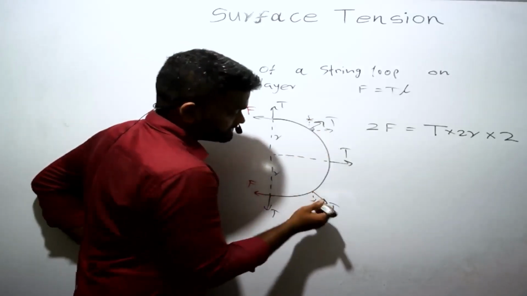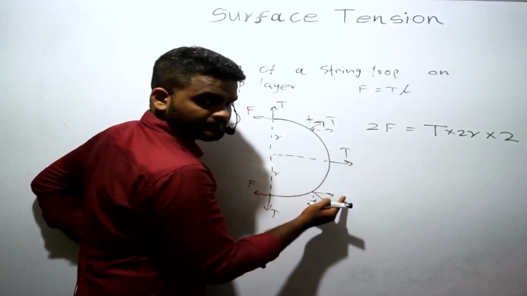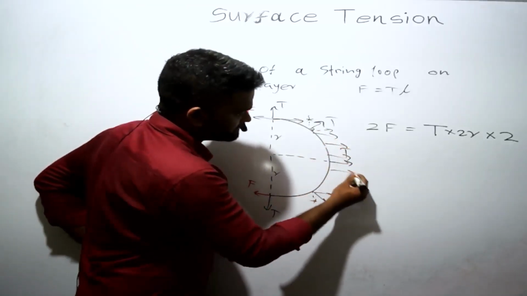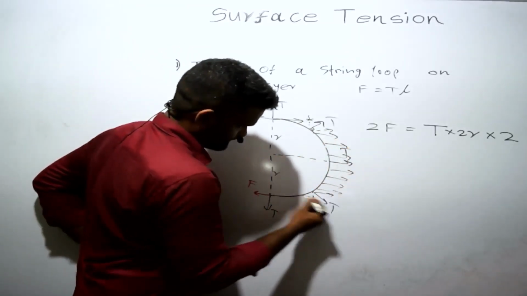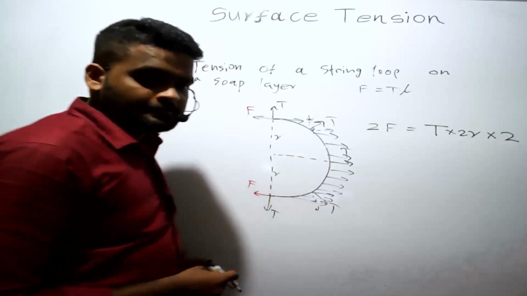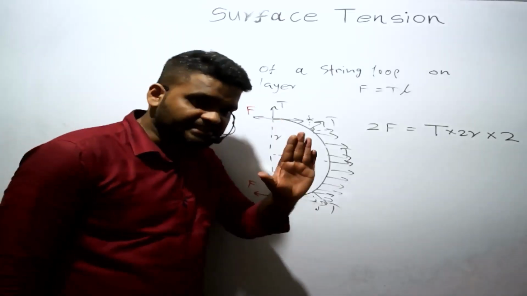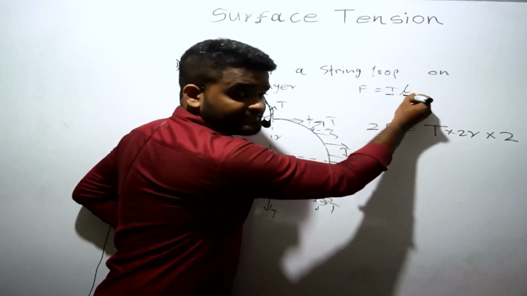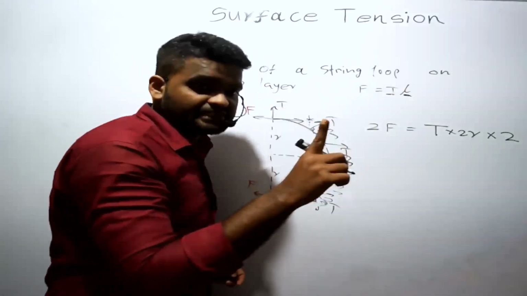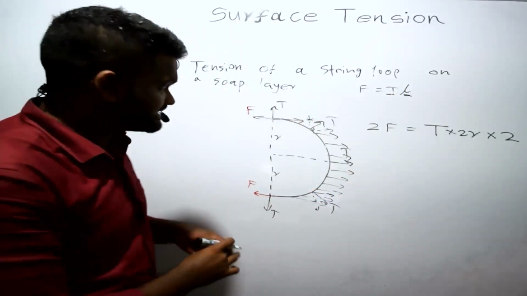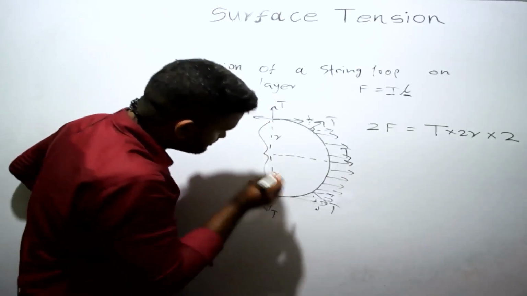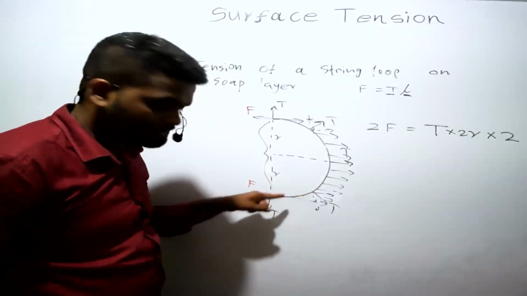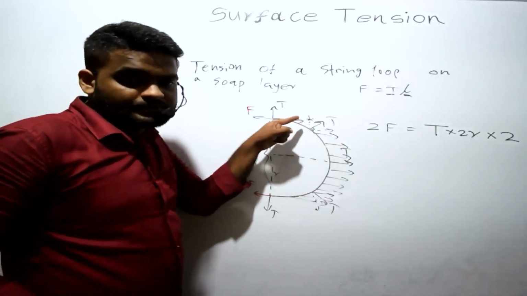But these forces add up, so we only have to consider the horizontal forces to this side. Here the length is considered as 2r, not 2 pi r, not the length of the circumference. Do you understand that?